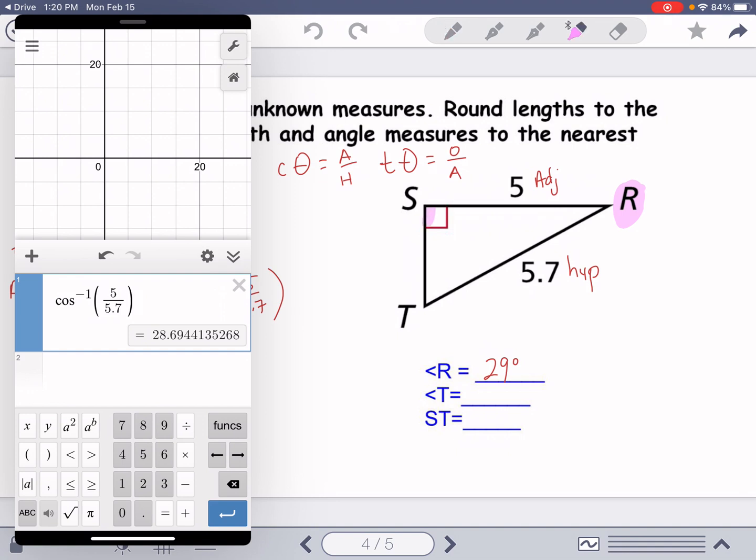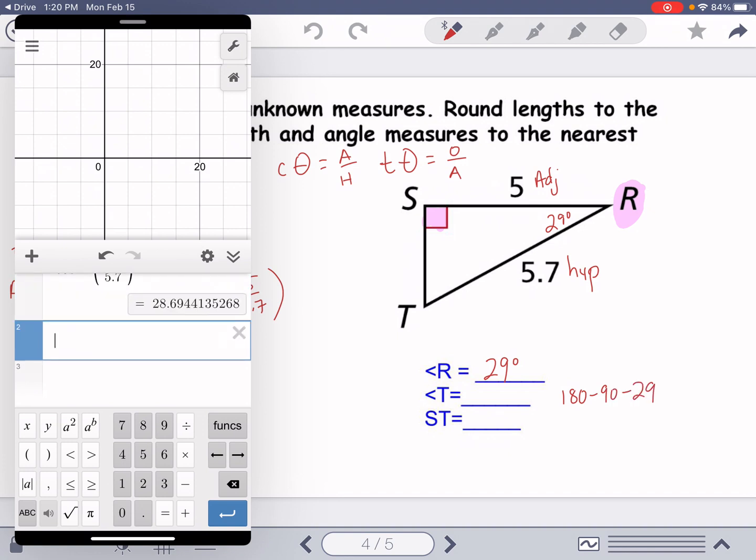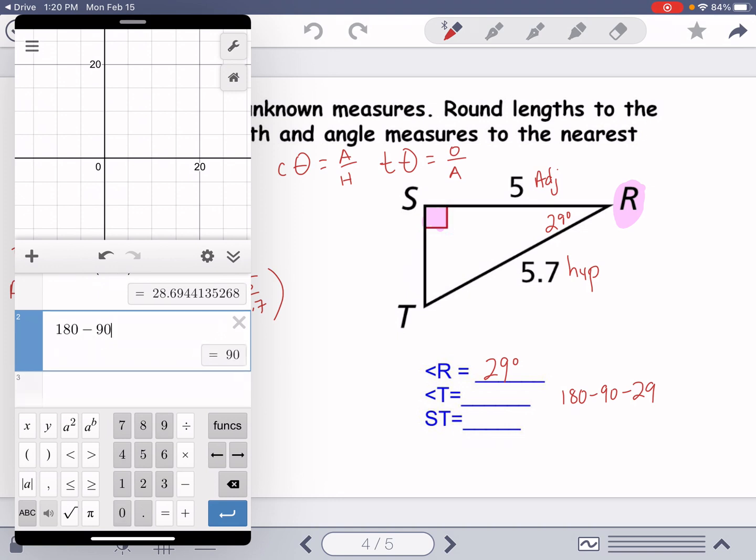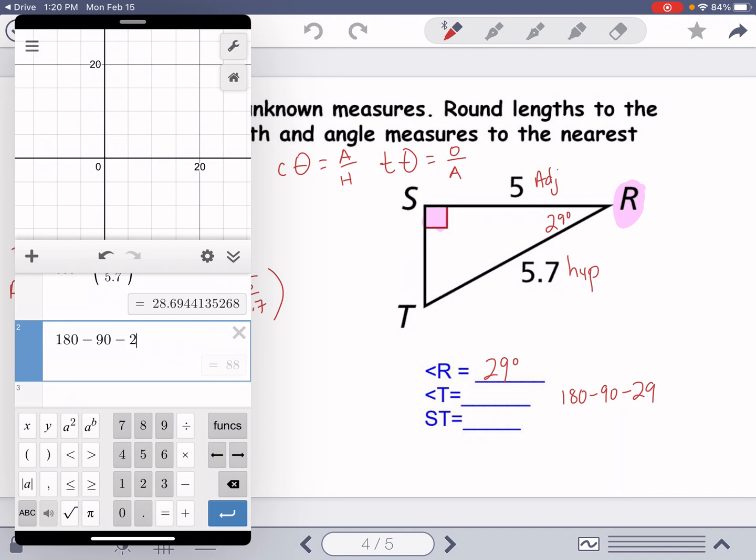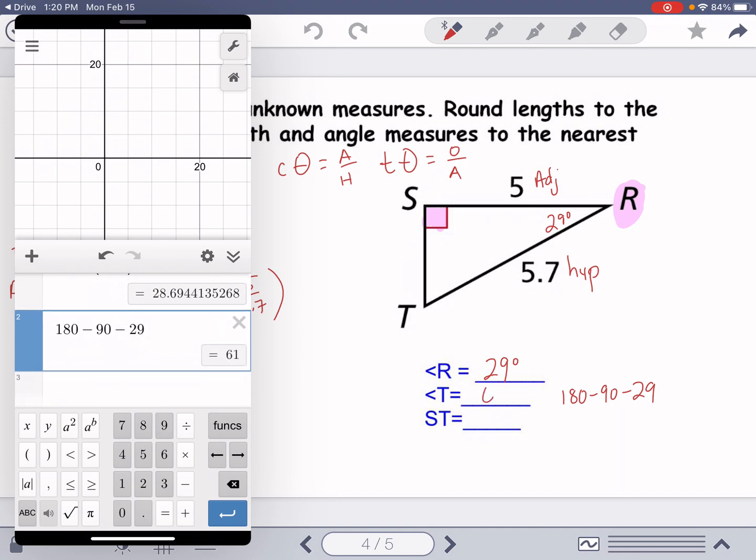We know that this is 90 degrees, and we now know that r is 29 degrees, and I'm working with a triangle. So can I just say that 180 minus 90 minus 29 would give me that angle t? Yeah, pretty sure that's going to give me what I need. 61 degrees.